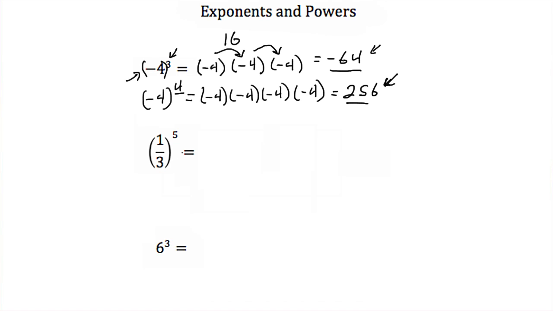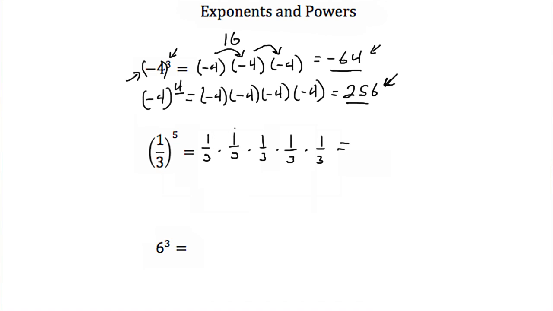Now let's try and do this exponent of this fraction. 1/3 to the 5th is the same as saying 1/3 times 1/3 times 1/3 again, times 1/3, and then times 1/3 one last time. Now you can actually separate the numerator and denominators.